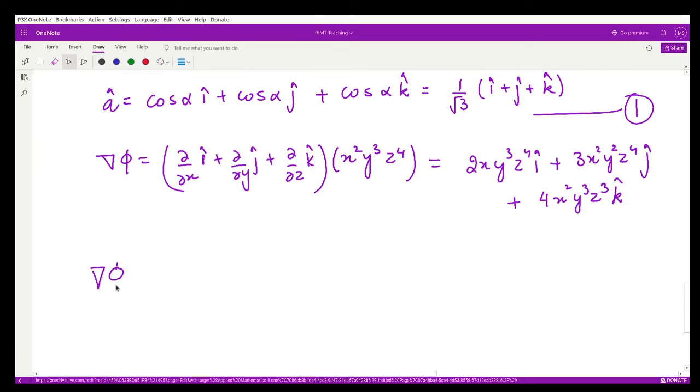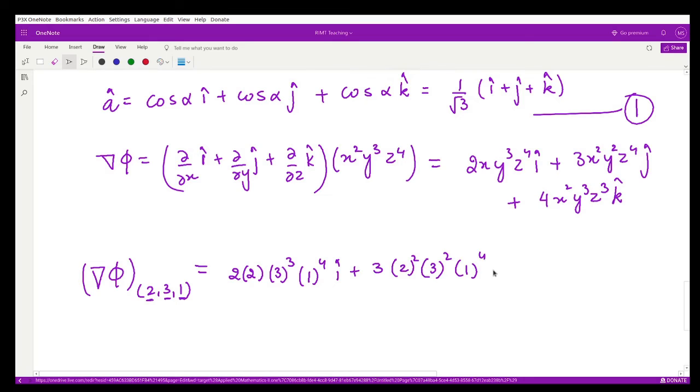Now we are to calculate this gradient at the point 2, 3, 1. So this would be obtained from this when you substitute the value of x as equal to 2, y as 3 and z as equal to 1. So it would be 2 into 3 to the power 3 and then 1 to the power 4 i cap, 3 times 2 to the power 2, 3 to the power 2 and then 1 to the power 4 j cap plus 4 times 2 to the power 2, 3 to the power 3, 1 to the power 3 k cap.